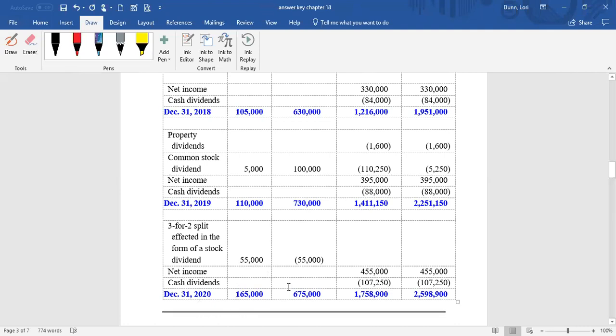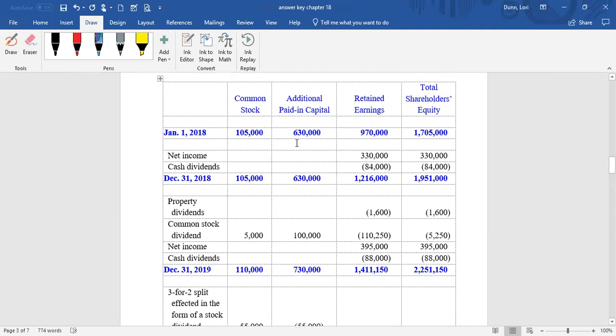So the final balance of our common stock account is 165 million. And if you've been keeping T accounts and updating as we did journal entries, you would see that. Additional paid-in capital starts at 630 million. During 2019, we added another 100 million due to the stock dividend.